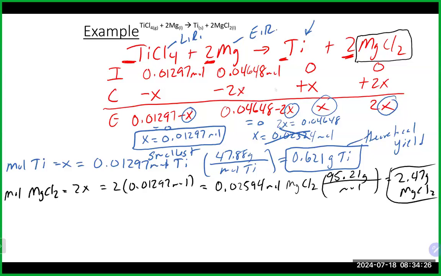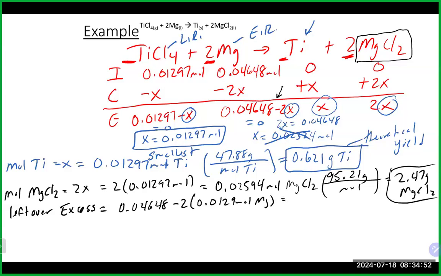We also, as we've talked about, could put that x back into here to figure out how much of our excess reagent is left over. And we would do that by just putting in our x value there. So 0.04648 minus 2 times our 0.01297 moles gets us 0.02054 moles of magnesium.